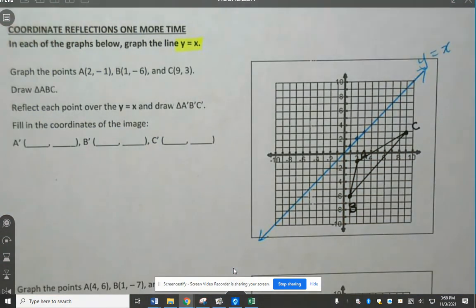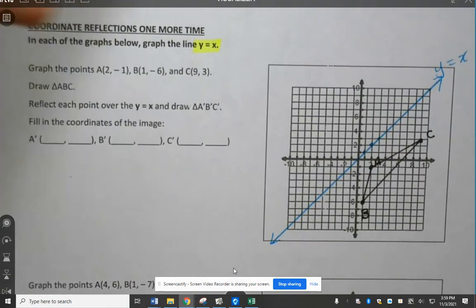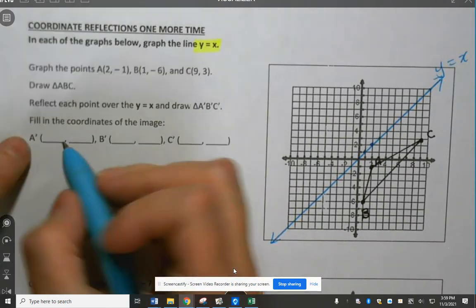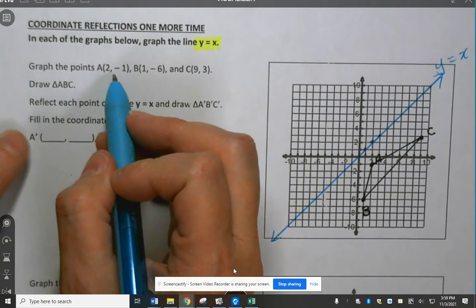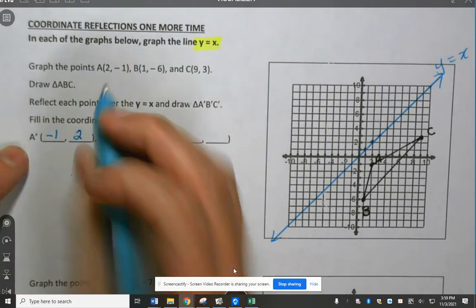So this one's kind of a little bit tricky. But I'm going to go ahead and tell you what's going to end up happening when y equals x: when you reflect over that line, the original x and the original y switch places. So instead of A being at 2, -1, A prime is going to be at -1, 2.